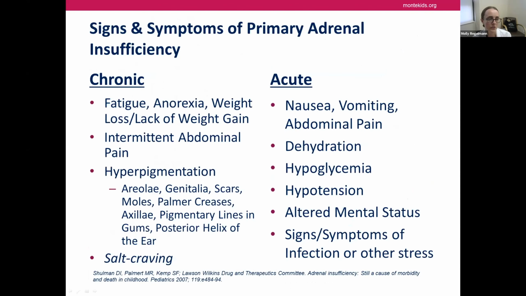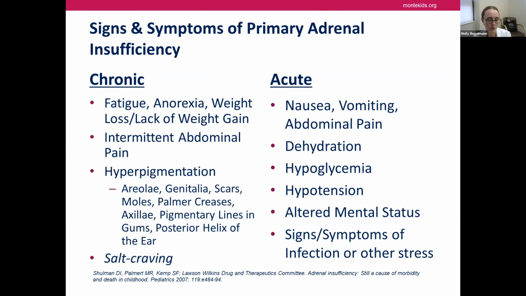And just so that everyone understands what the symptoms of adrenal insufficiency are chronically, if you are not making cortisol well, you tend to be fatigued and lose weight and not feel hungry and nauseous and have belly pain. And because of the elevations in the ACTH, one of the byproducts of its production leads to darkening of the skin and you can see darkening, particularly in certain areas, creases and genitals and the backs of the ears.